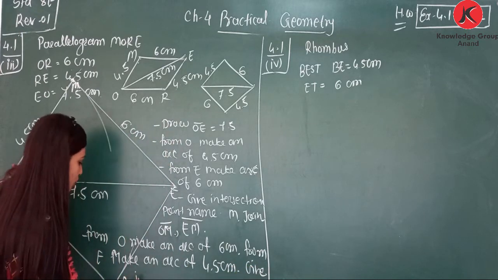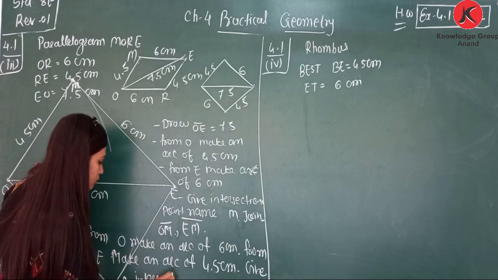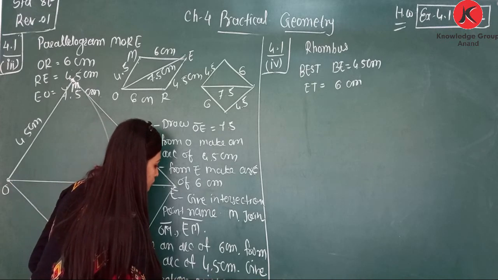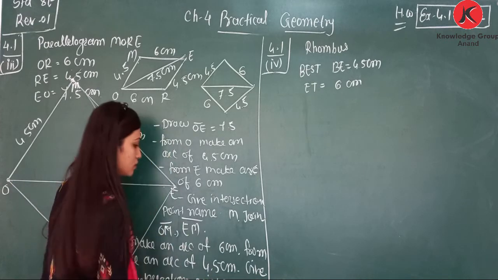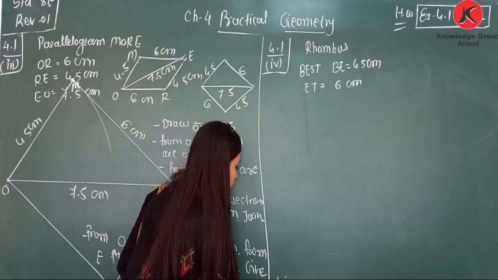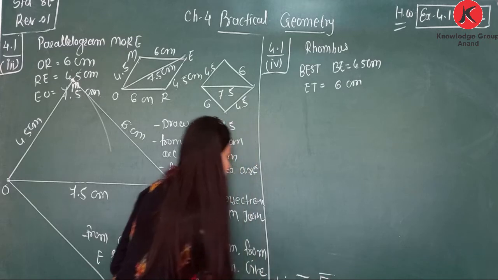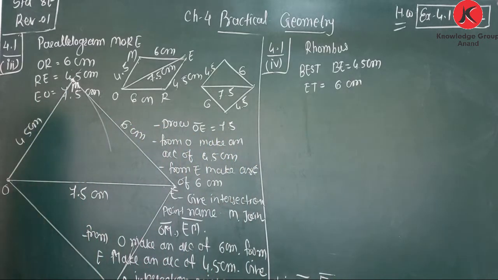Give intersection point name R. Join OR and ER. These are the steps. Clear? You need to write it in your own words.